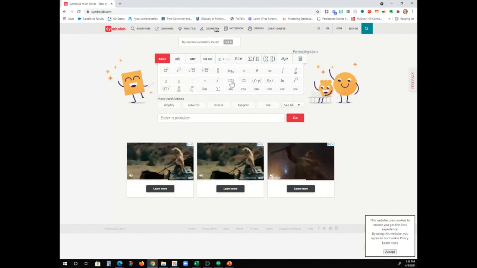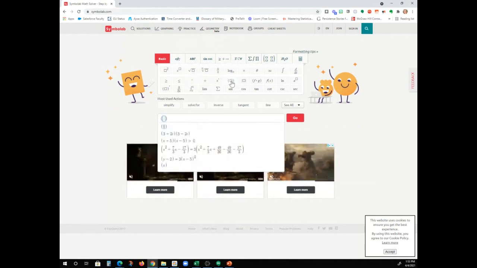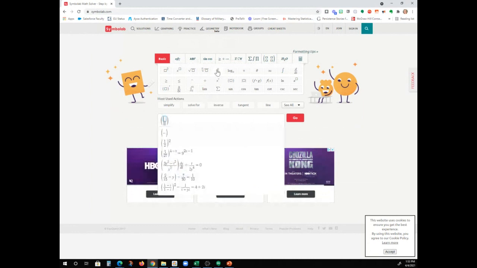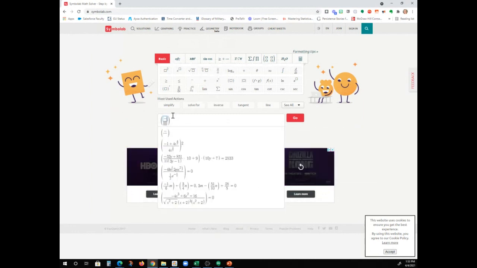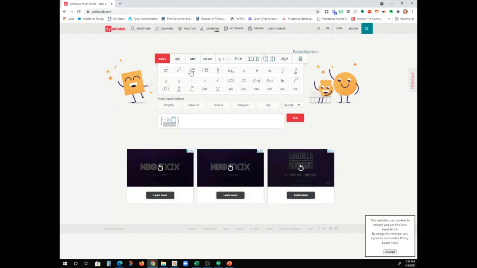So I'm going to put in parentheses, and then if I want to put in a fraction, you can hit your fraction button. And so we have -2 square root of s plus h. I have to hit my arrow, plus 2 square root of s all over h.